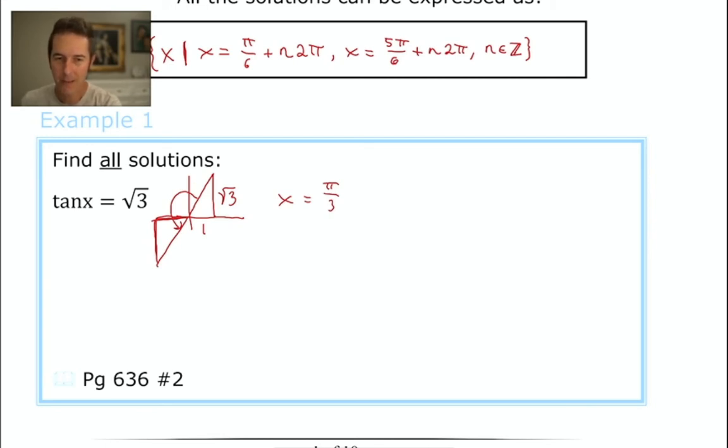But this problem is actually a little bit easier because we don't need two statements in our set builder notation like we had for the sine function. In the tangent function, we can use this initial angle measure of pi over 3 and just add integer multiples of pi. And we'll keep doing these sort of half rotations around the circle.